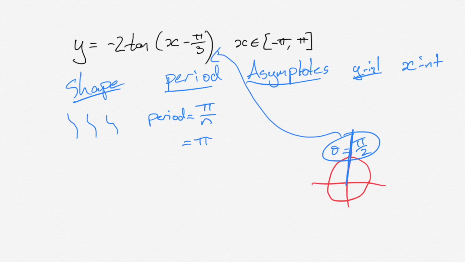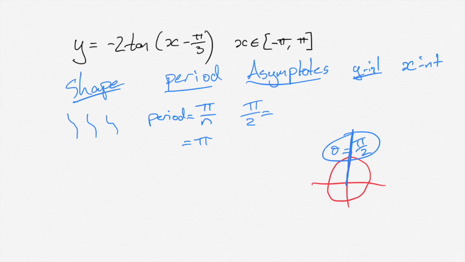So to work out our first asymptote, let me undo that so I can create a little bit more space. My first asymptote, I always find by essentially saying, well, pi on 2 is the value that is inside the tan function, whatever is inside the brackets of that tan function. No matter how complex that is, it might be a dilation and a translation, we're just going to set that value there.